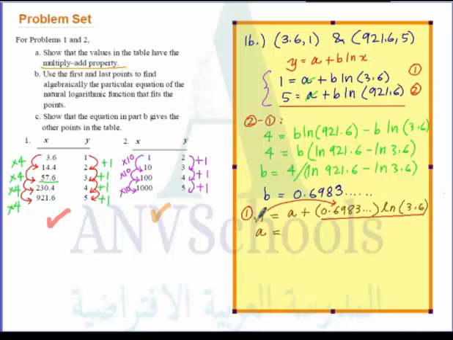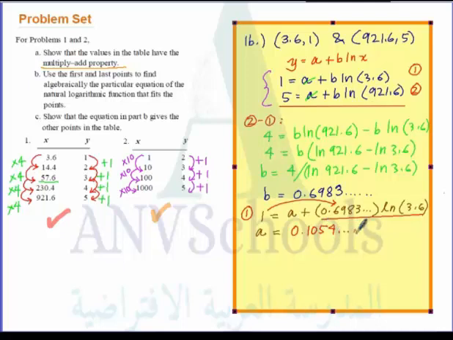So a will be 1 minus 0.6983 times ln of 3.6, which gives us 0.1054.